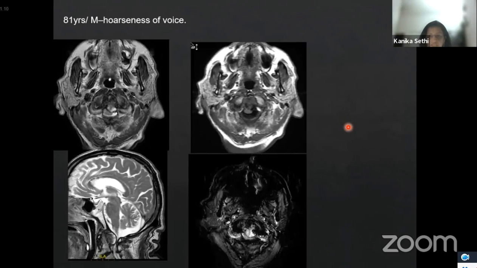While I was collecting the cases for hoarseness, this patient came day before yesterday with hoarseness of voice. There's a large lesion just beneath the tectorial membrane, which is compressing the medulla. So any extrinsic lesion compressing the medulla can cause hoarseness of voice.